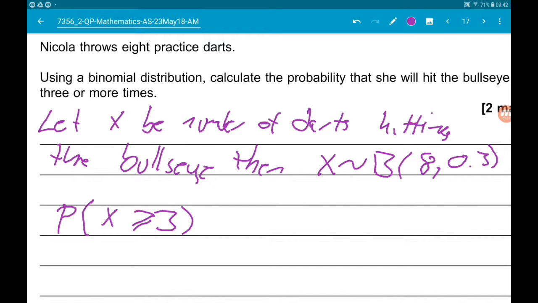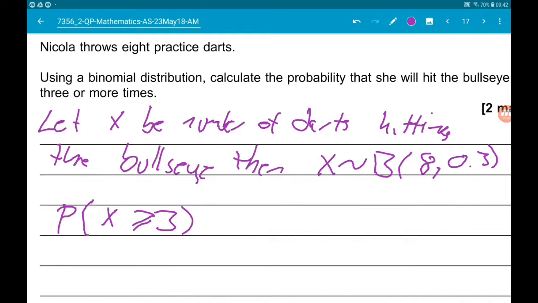Now, make sure that you know how to use your calculators to do this, because it's going to save you so much time, and it really is something you need to know how to do. So, we can't work out that probability directly, but what we can work out is the probability that x is less than or equal to 2.